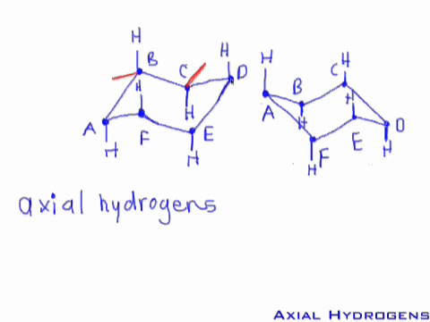Well, the red line off of D is parallel to BC, this line. So the hydrogen at E will be parallel to CD. The hydrogen bond off of carbon F will be parallel to AB. And lastly, the hydrogen off carbon A will be parallel to BC again.